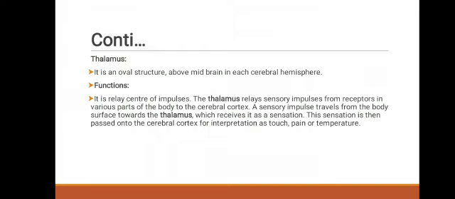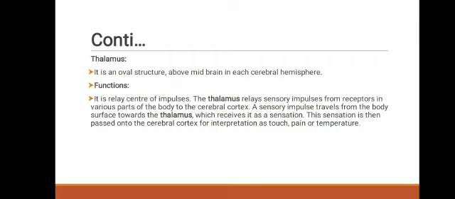Next one, thalamus. The thalamus is an oval structure above the midbrain in each cerebral hemisphere. The thalamus performs the following function, that is, it is a relay center of impulses. The thalamus relays sensory impulses from receptors in various parts of the body to the cerebral cortex.